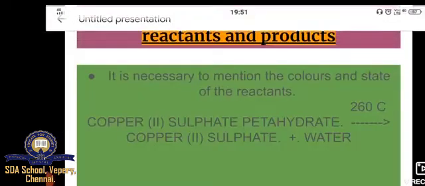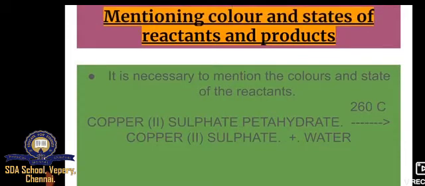For any chemical reaction, we need to note down the important things: mentioning the color and states of the reactants and products. At the time of the reaction, what is the color of the reactant and what is the state? We have 3 states of matter: solid, liquid and gas.